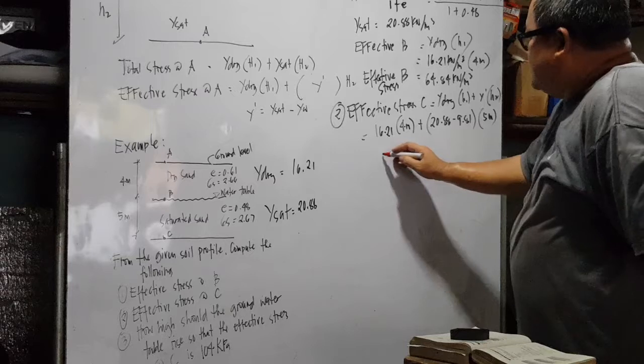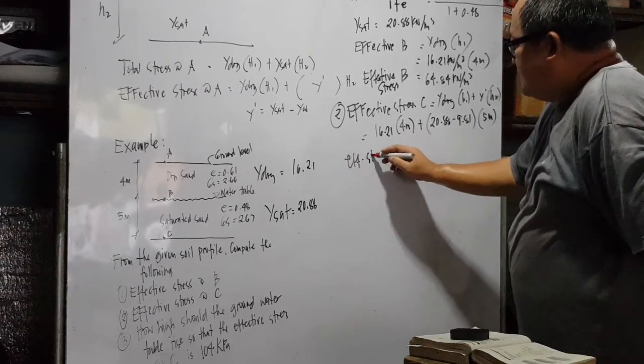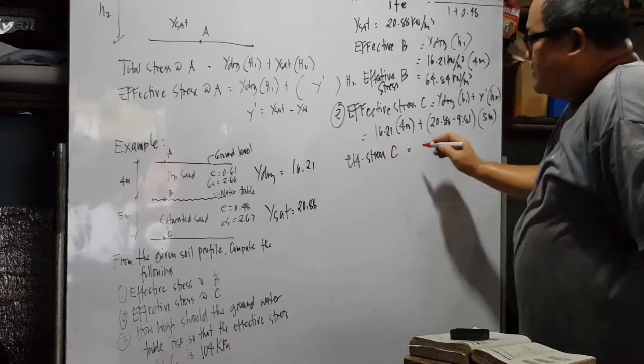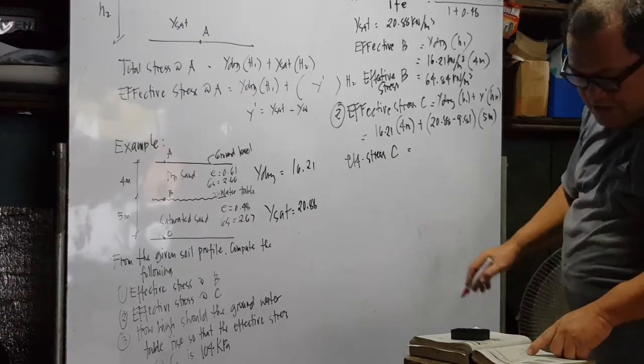Effective stress at C is equal to 120.31.